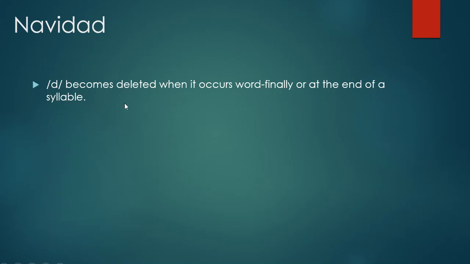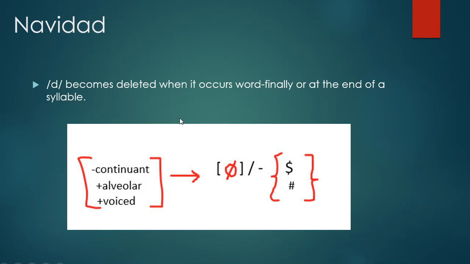So how do we represent that rule? It is very similar to the previous one, but the only difference is that instead of saying minus voiced here, I draw the symbol of deletion. The d becomes deleted when it occurs word finally, which is represented using this double cross, and this dollar sign represents the end of a syllable.